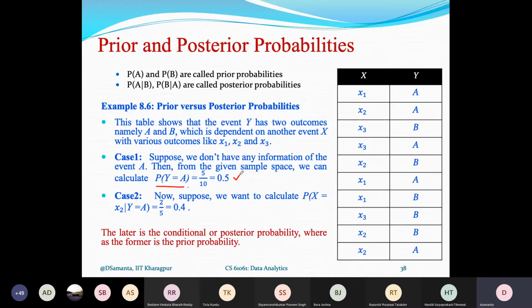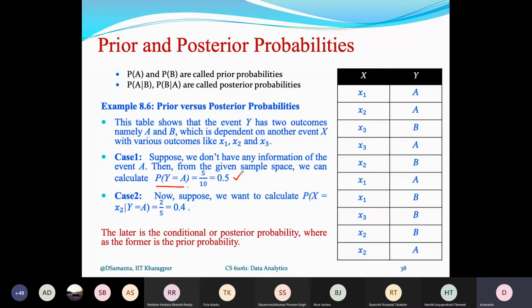Now in this example, we can denote a posterior probability like P of X equals xi, where xi can be x1, x2 or x3, because there are three different values for the attribute X.